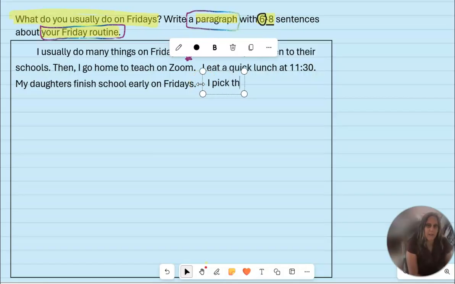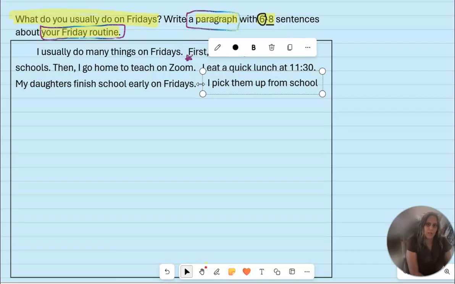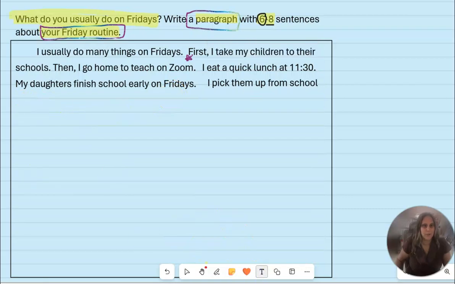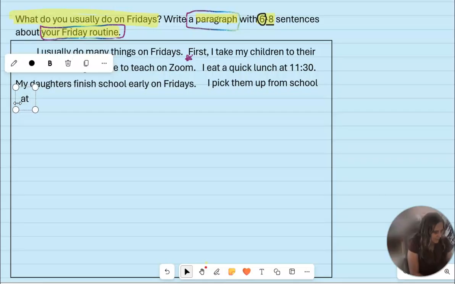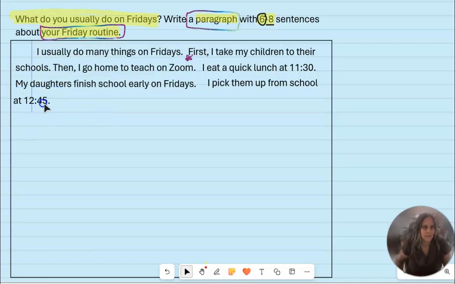I pick them up from school. Uh-oh, no more room. I go down to the next line here, and I say at 12:45. And now, how many sentences do I have?